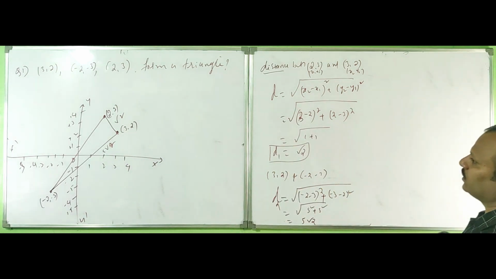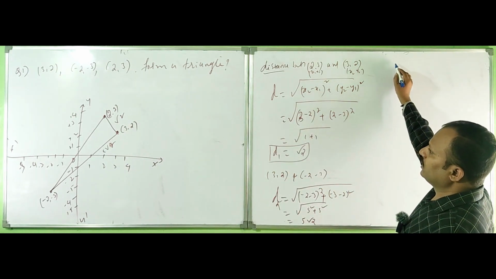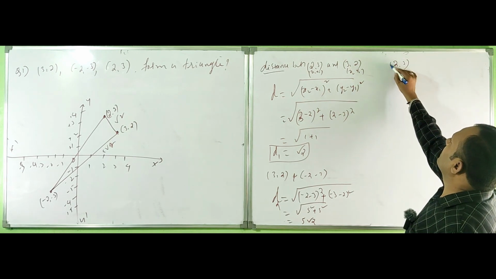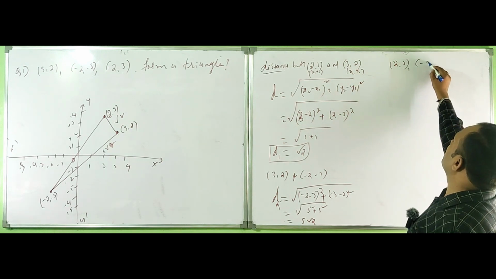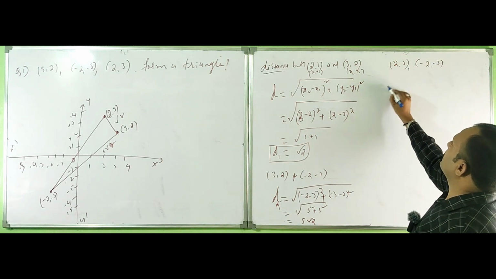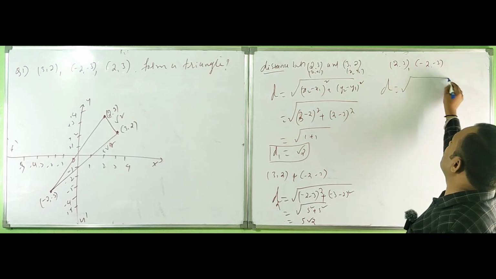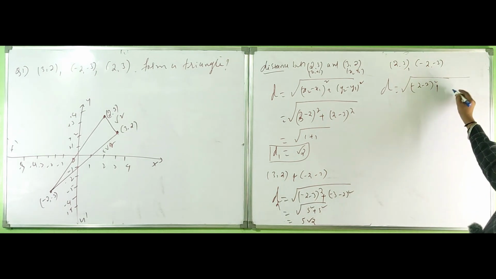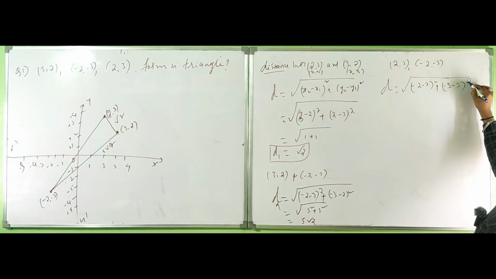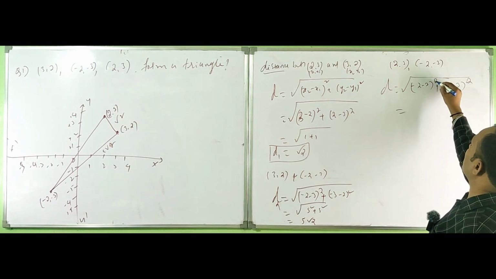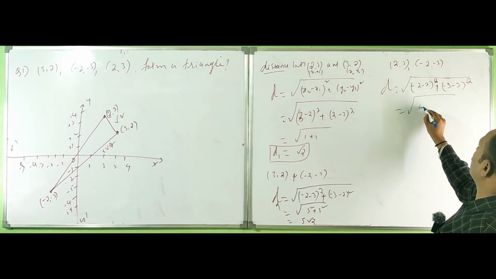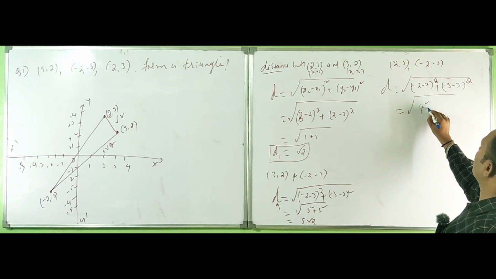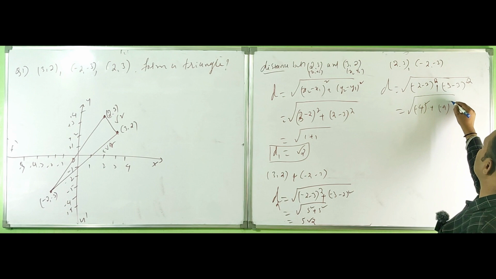Next one is 2, 3 and minus 2, minus 3. Distance d is equal to square root of minus 2 minus 2 whole square plus minus 3 minus 3 whole square. This becomes square root of minus 4 square plus minus 6 square.